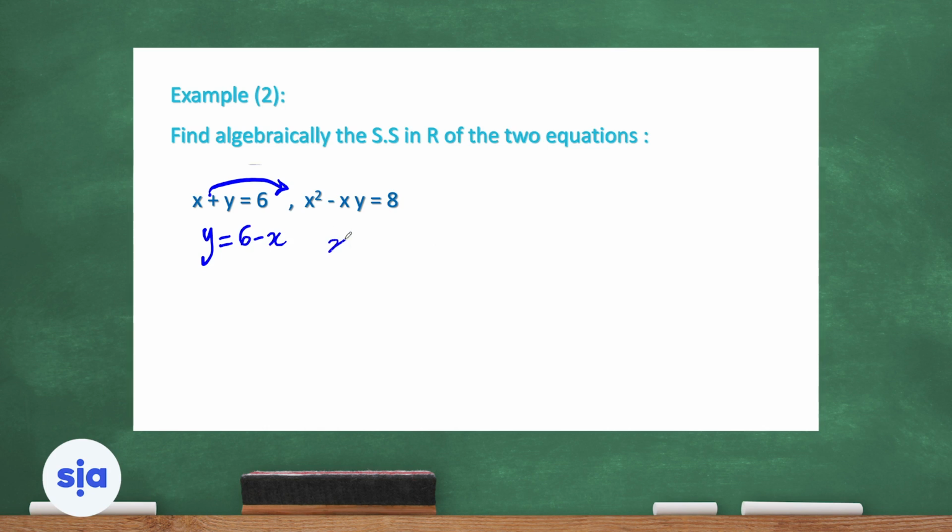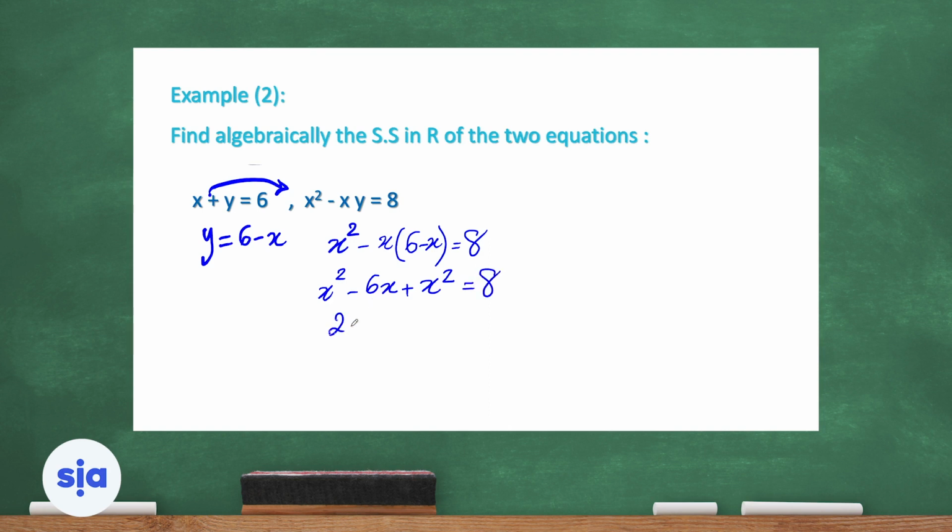So it will be x squared minus x times 6 minus x equals 8. If I expand, so x squared minus 6x plus x squared. Yes, it's going to be a quadratic equation. Good job.